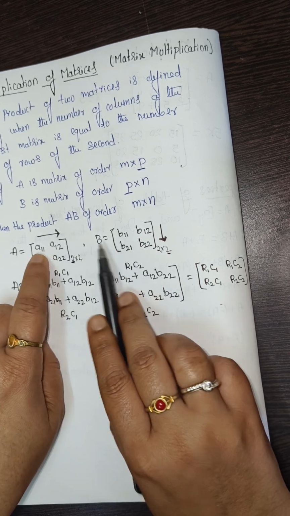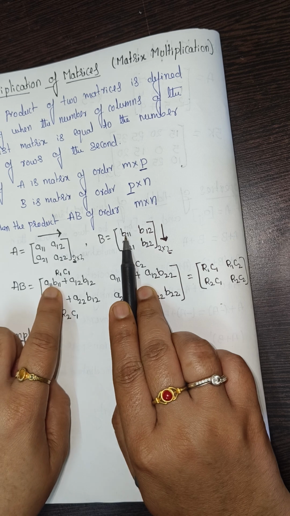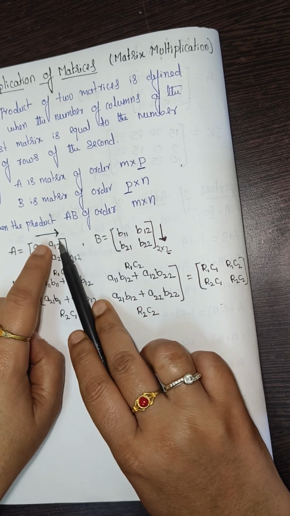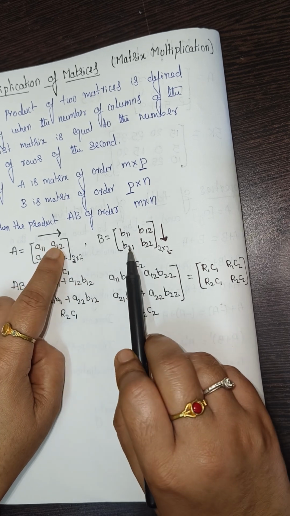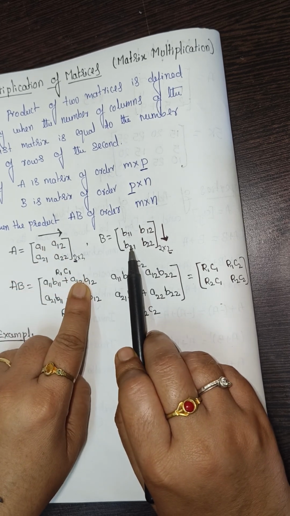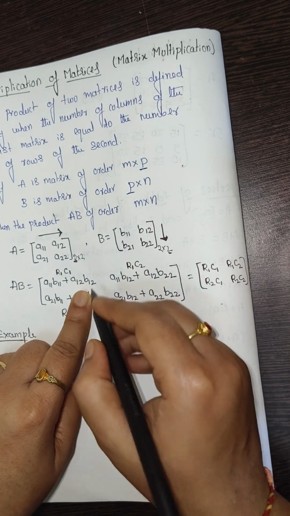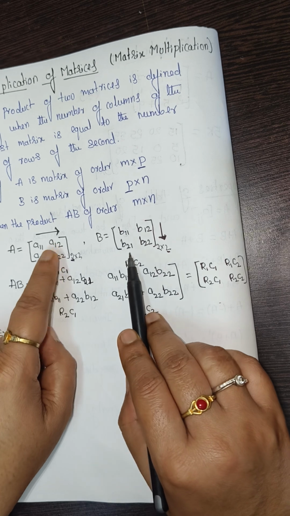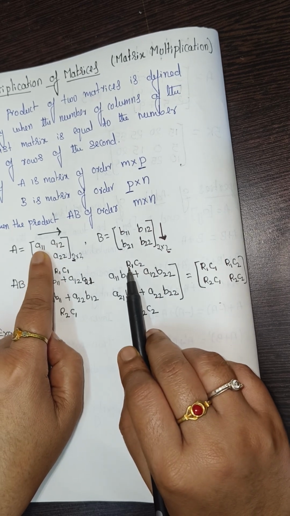Now see here, A11 into B11, plus, moving to the next column of the first matrix and the second row of the second matrix, A12 into B21. So R1C1 is A11 B11 plus A12 B21. Next, the place for R1 and C2.